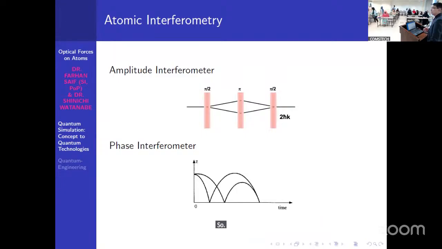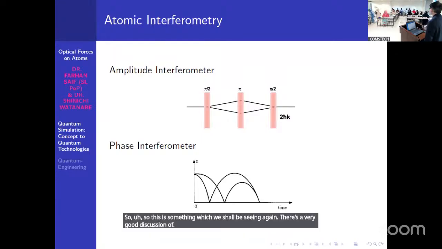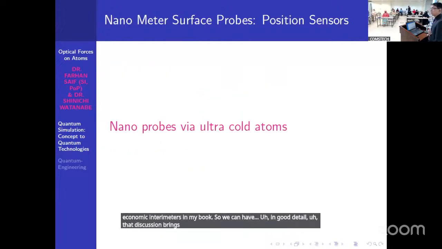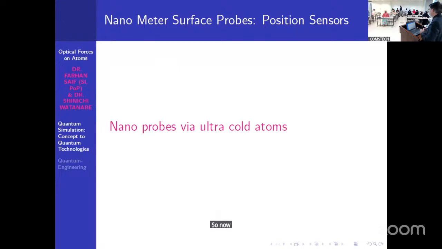So this is something which we shall be seeing again. There is a very good discussion of atomic interferometers in my book, so we can have that discussion in good detail in the book.